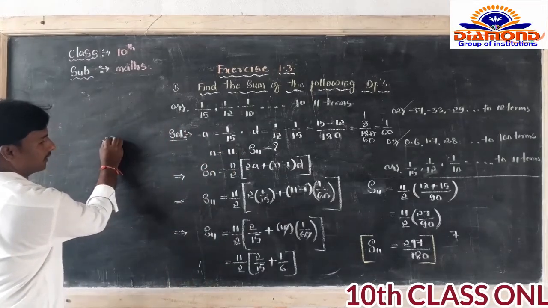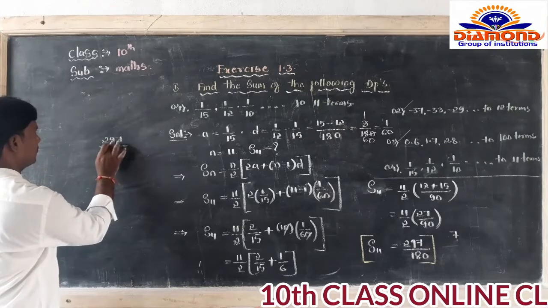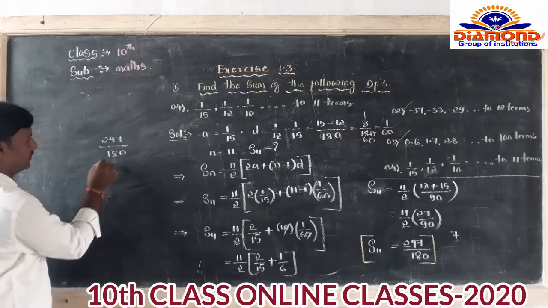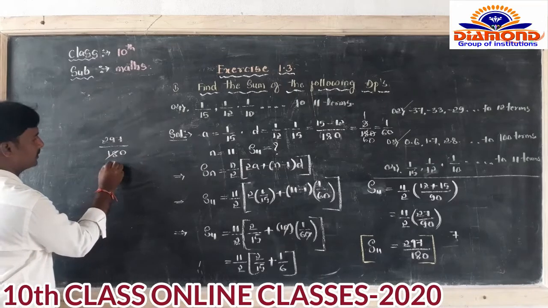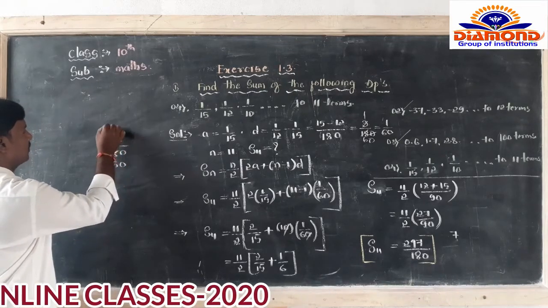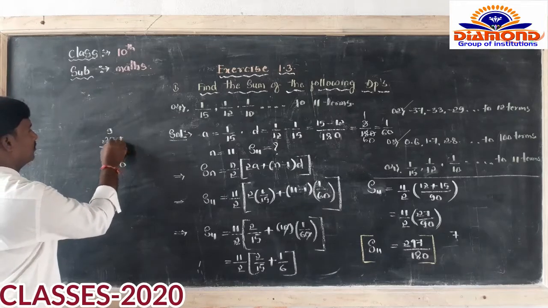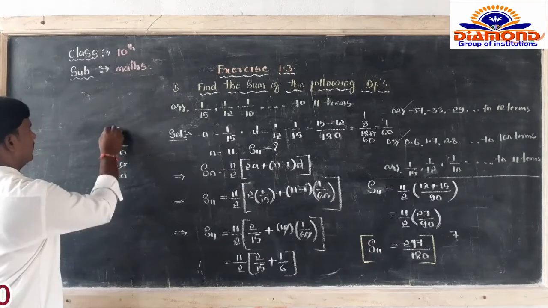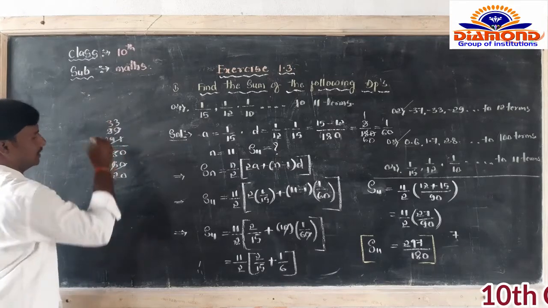Here 297 is there, and 180. Both are divisible by 3. 3 6s are 18, 0 came. 3 9s are 27. Remember, 3 9s are 27. 3 2s are 6 and 3 3s are 9. The answer came.